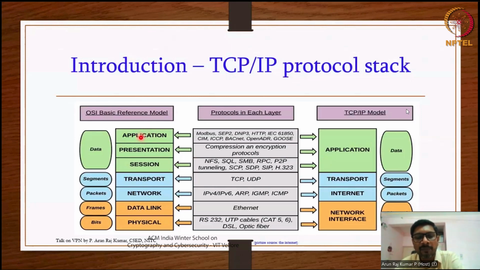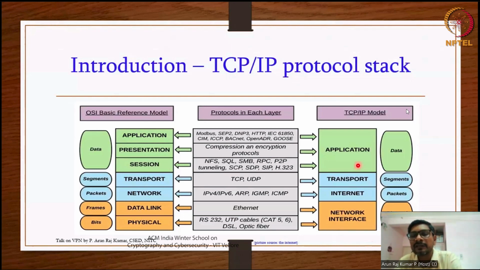Before it leaves your laptop, it has to go through all these layers. In the transport layer, you have to attach the transport layer header, and in the internet layer, you have to attach the IP header, and then here the MAC header, the medium access control header, and finally it will be transmitted in zeros and ones. Whatever data you have has to be passed down through all the layers, and then it has to leave the system.